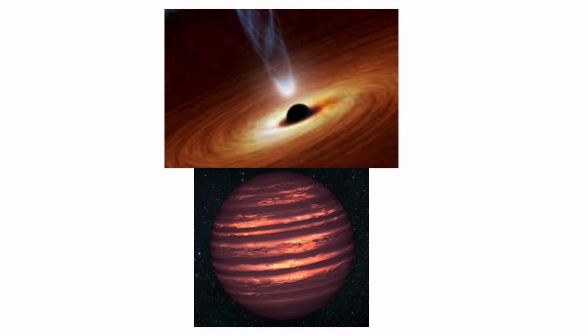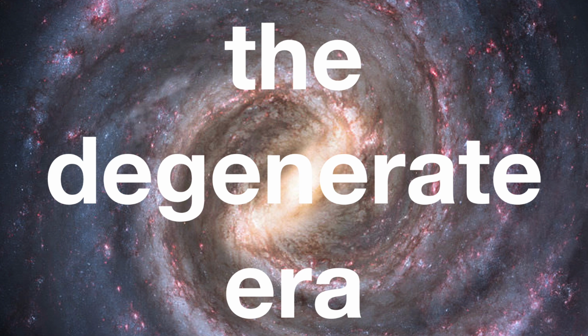It's interesting because neutrons don't really have a repellent force, but if they get super close, they actually do. Interesting. So most of these objects, not including black holes and of course brown dwarfs, are made from degeneracy pressure, so that's why we call it the degenerate era.